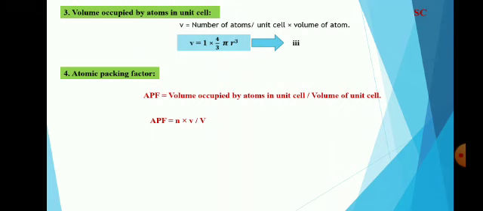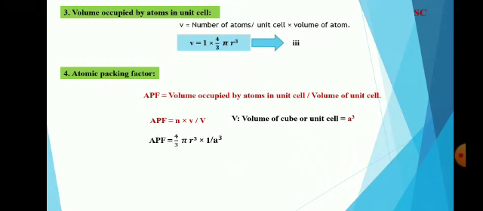In simple form, it is indicated as APF is equal to N into small v divided by capital V. But capital V, the volume of the unit cell or cube, is nothing but a cube.